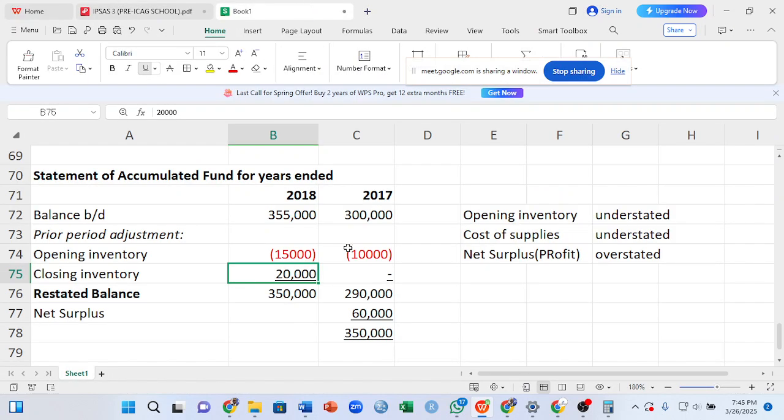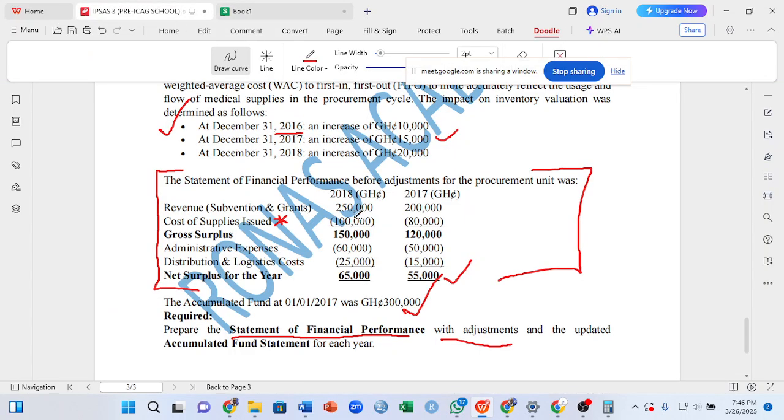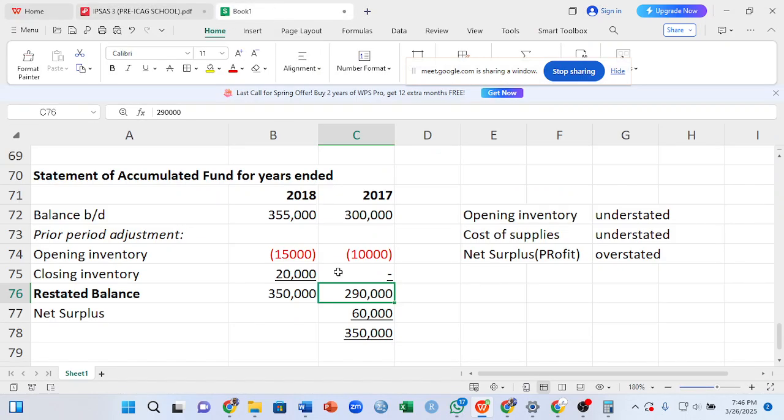I'm thinking it's supposed to be 290 plus the error. Yes, that's where we had a mistake. It's supposed to be 290 plus the 55,000.